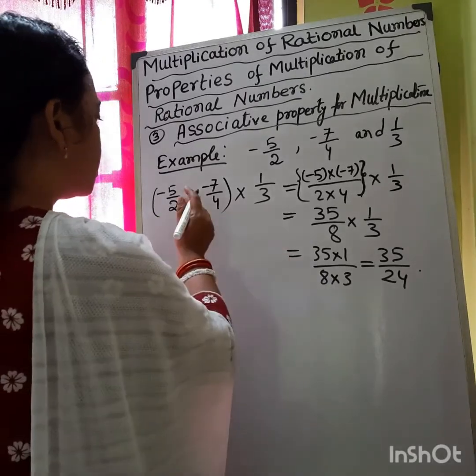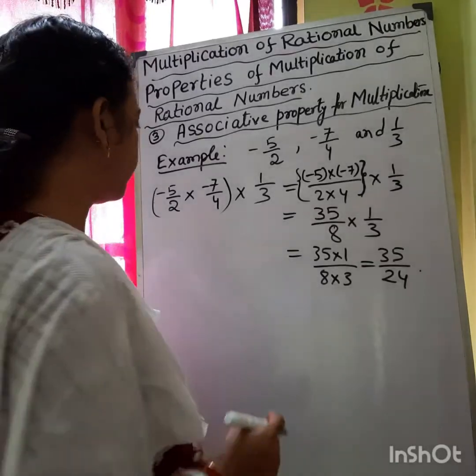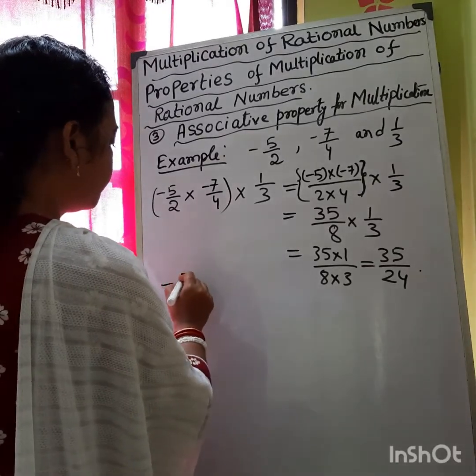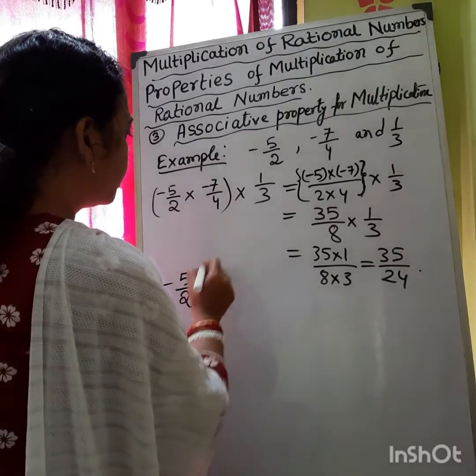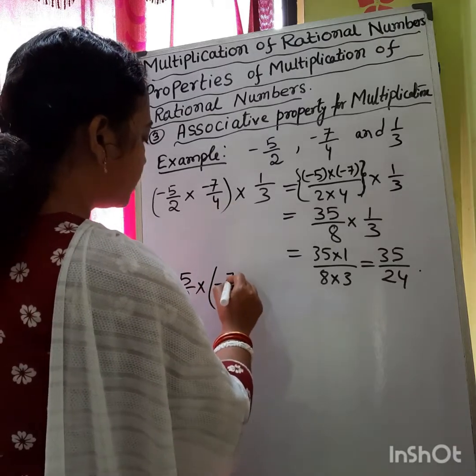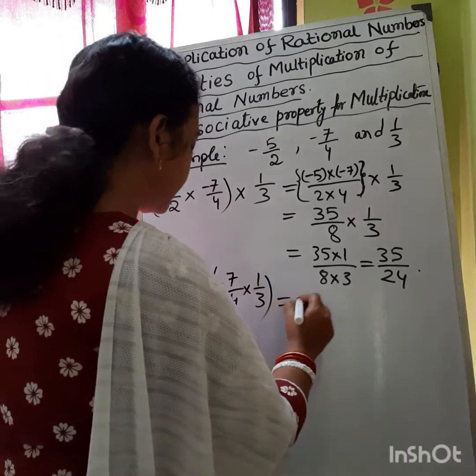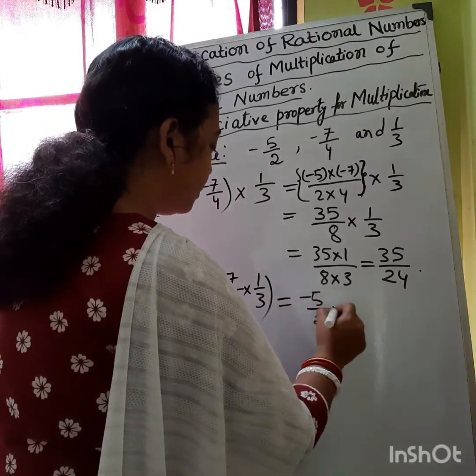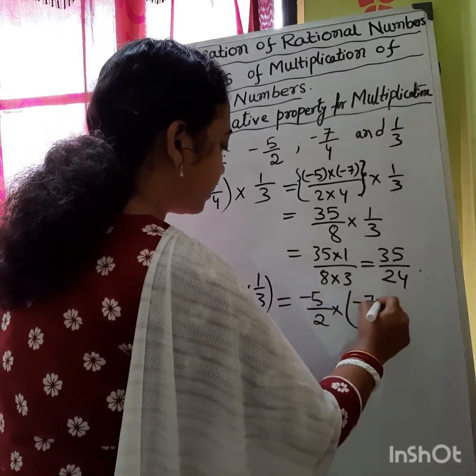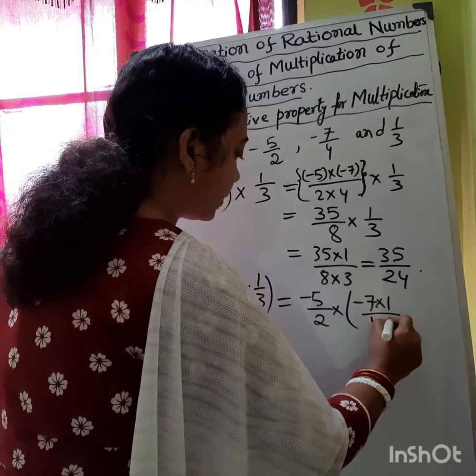Now let's see if we change the group of the rational numbers, that is if we write first minus 5 by 2, then we group the second two rational numbers, that is minus 7 by 4 multiplied by 1 by 3. So here we are getting minus 5 by 2 multiplied by minus 7 multiplied by 1, 4 multiplied by 3.